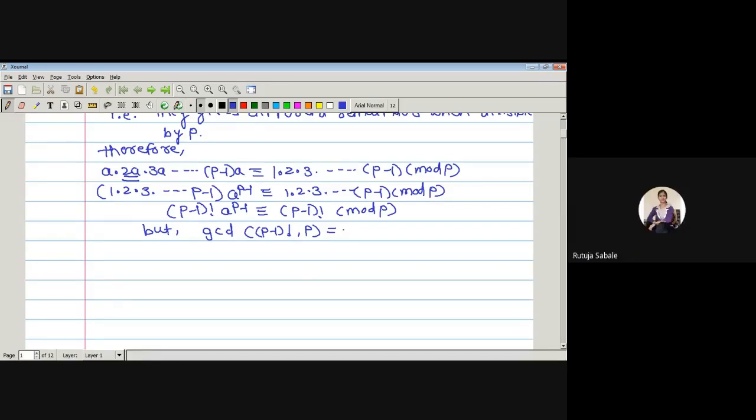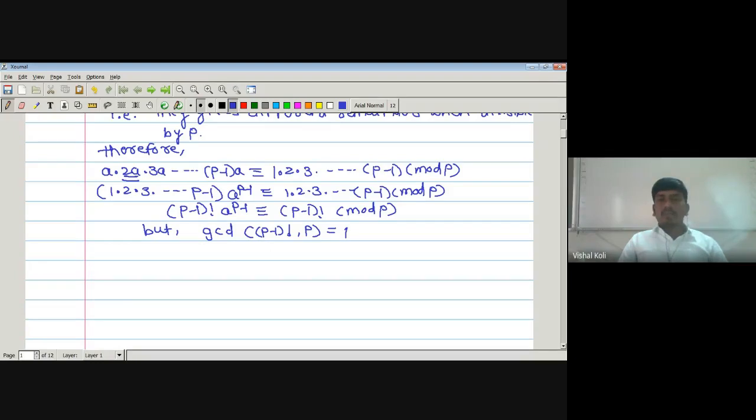Okay. As here in p minus 1 factorial there is no term which divides p. As p is a prime, its only positive divisors are 1 and p. And p minus 1 factorial does not involve any multiple or any divisor of p, which implies its GCD must be equal to 1. Again here we get AC is congruent to BC modulo p, and GCD of p minus 1 factorial and p will be equal to 1.